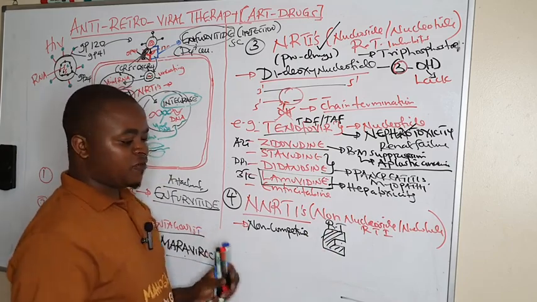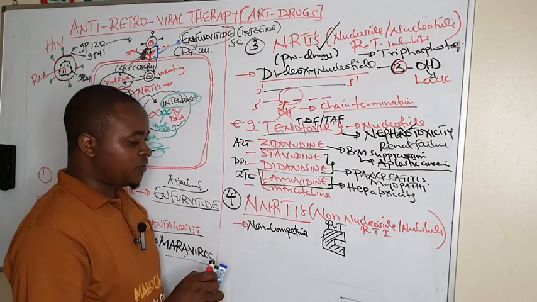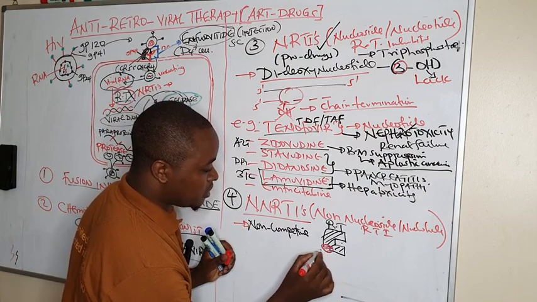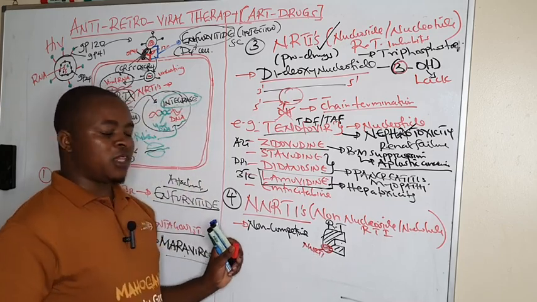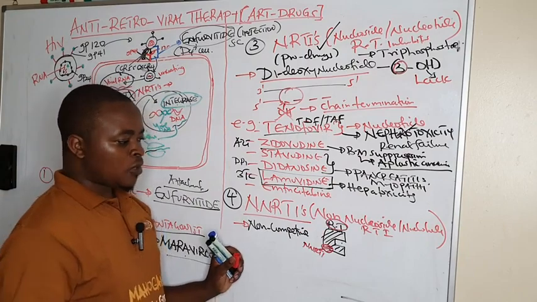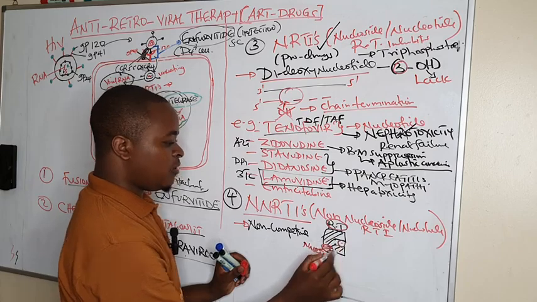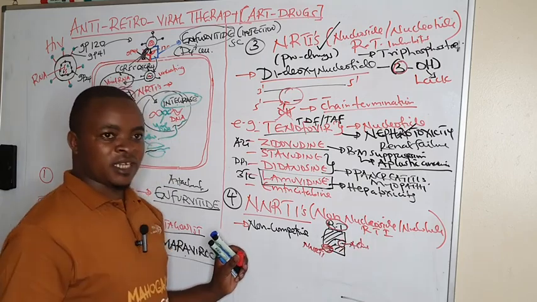and this is the active site, instead of the NNRTIs binding on the active site, they come and bind at the allosteric site. They bind on the allosteric site of the reverse transcriptase enzyme, causing a conformation change in the active site.